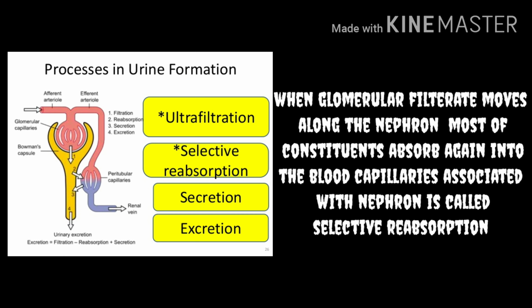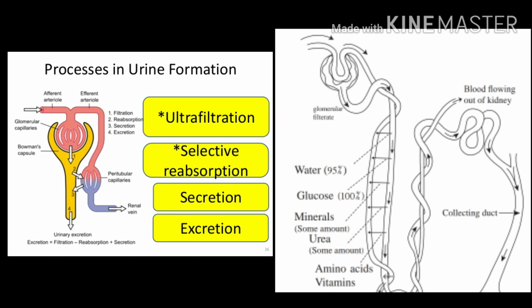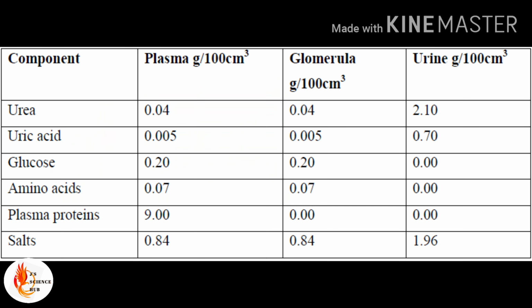This process is known as selective reabsorption. Only the selected materials are reabsorbed into the blood capillaries. For example, 90% of the water is reabsorbed, all the glucose, amino acids and vitamins, part of the salts, a small amount of urea and uric acid, even the drugs are reabsorbed into the blood. So now you understand the composition of the glomerular filtrate is totally changed.